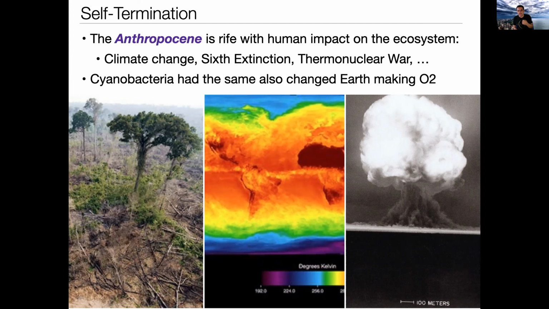I will point out that self-termination events have happened on the Earth before, and we've talked about that a little bit in the past. So you remember when the cyanobacteria became very prominent, they are photosynthetic, and so they had this gigantic moment where they spread across the planet and they were consuming the Earth's early atmosphere, which was primarily CO2.